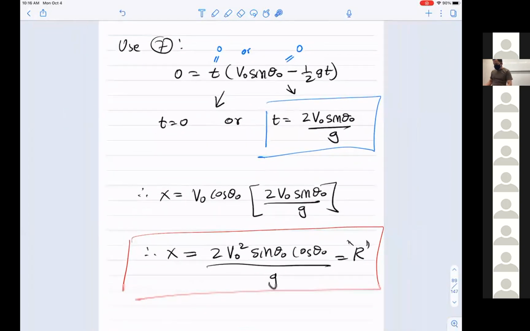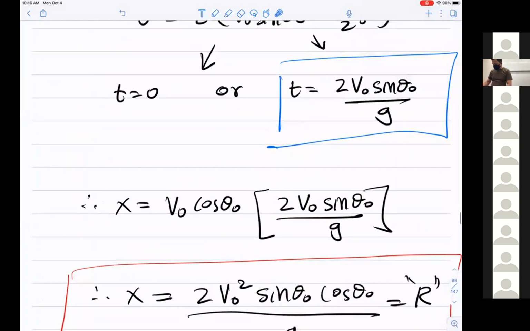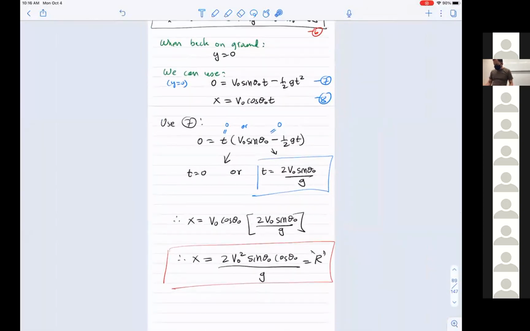And then once we have this time, I can now substitute that in here. So that's my V naught cosine theta naught times t, which is all of this, which is that. And that here is equal to my formula for the range. Any questions on that?